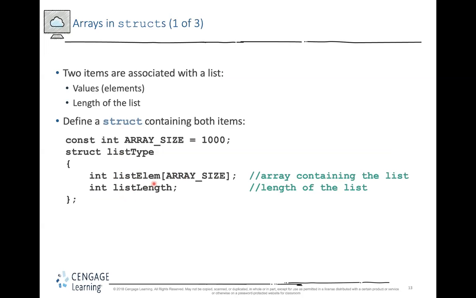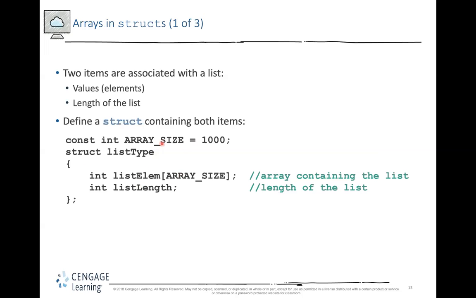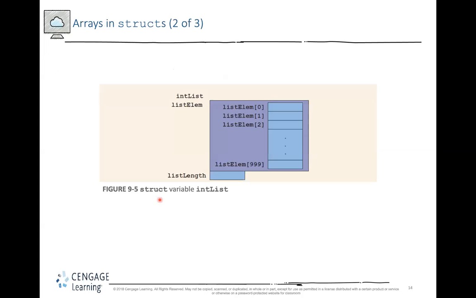You may have member variables, you may have member functions. They're the members of this data type. So there's nothing special here. Of course, you can have a member that's an array.